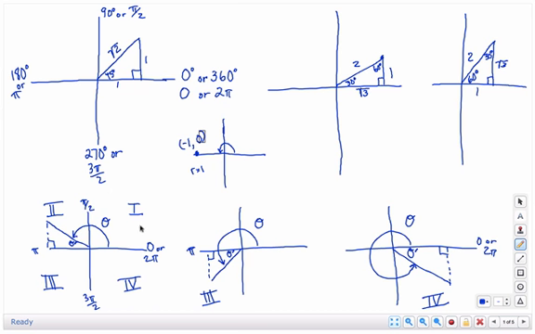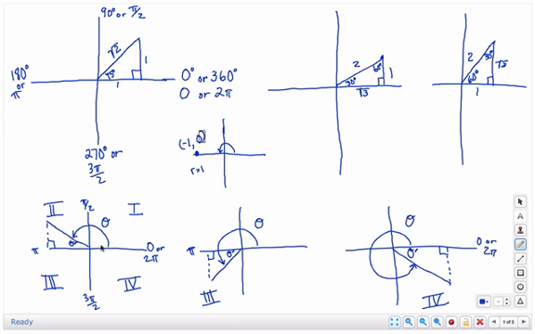The other thing you need to be aware of is that if I am looking for an angle and I know the angle is in quadrant 2, I want to look at the reference angle. So I make the right triangle come down to the x-axis. This is my reference angle. What you're going to be doing is determining the reference angle, one of these.